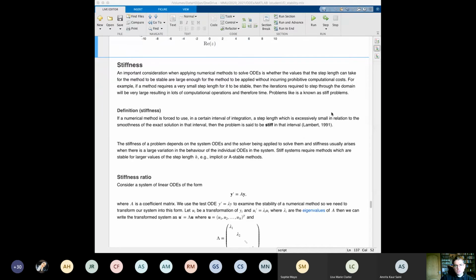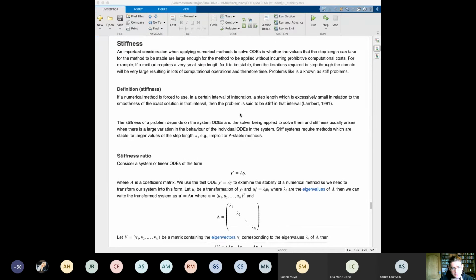One thing I also want to mention, and I know Lida will be covering this in her part, is the idea of stiffness. Stiffness is a term we give to any problem which is awkward to solve. Often in practical problems, you'll have a system of ODEs with really stringent stability constraints.